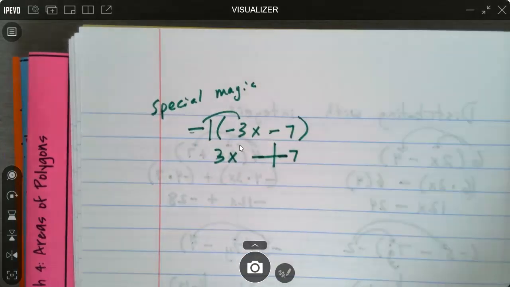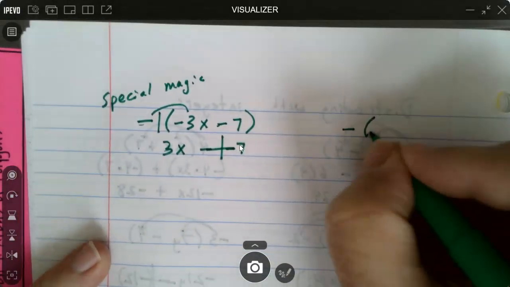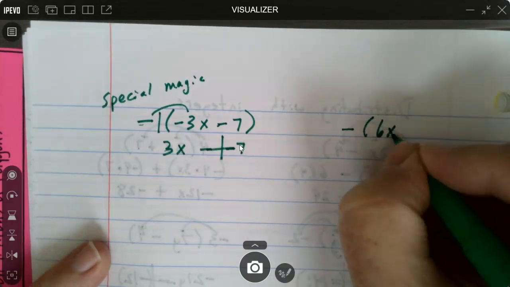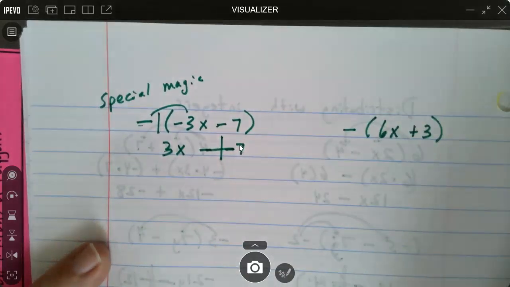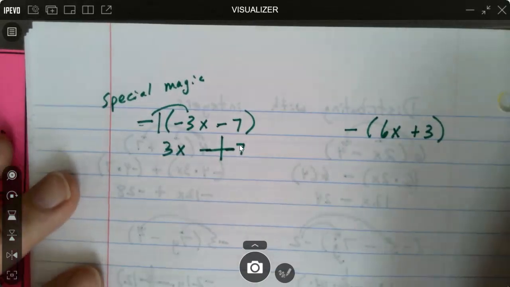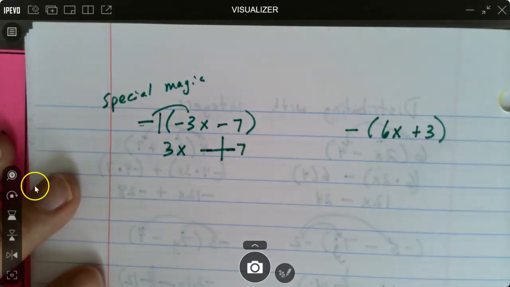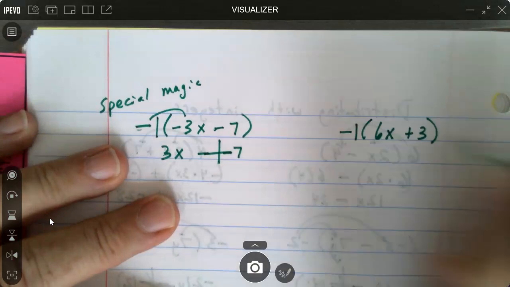I'm going to show you another one. You're going to use this to help you figure this one out. So if we have this plus 3, then it's the same thing. Give you a second to solve it on your own. So that means this is the same thing as a negative 1.